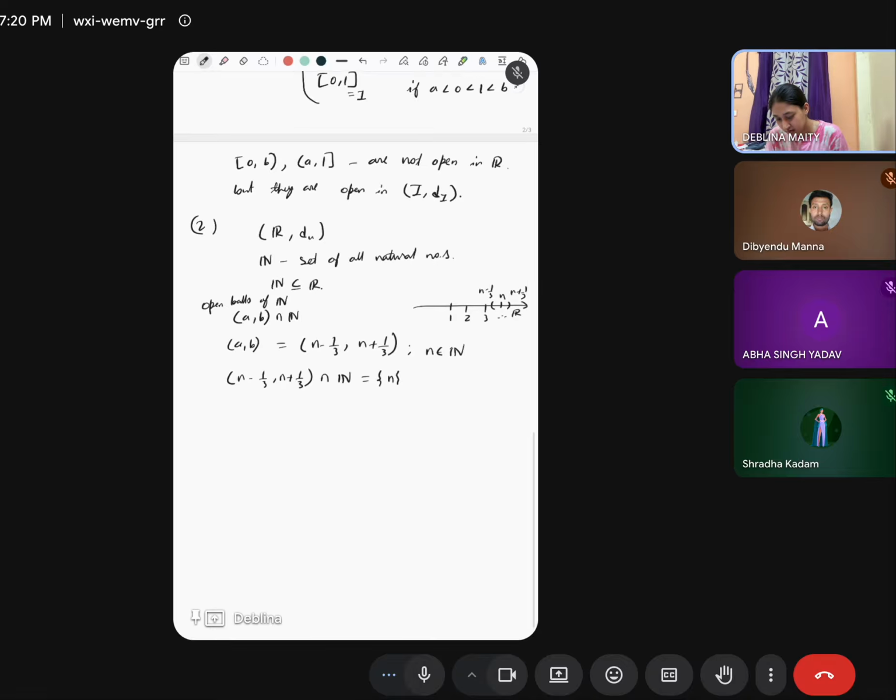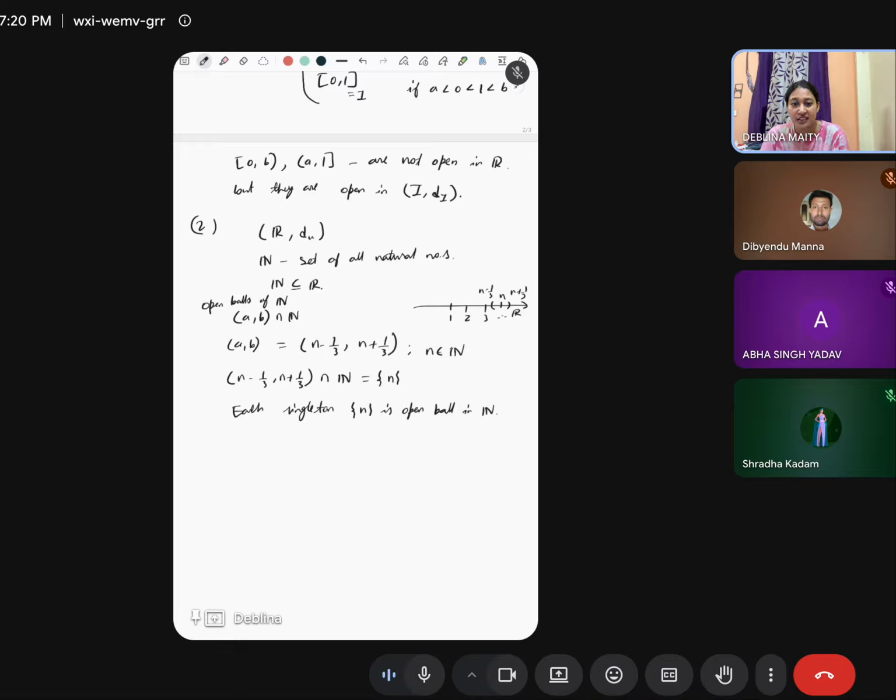So this means each singleton n is an open ball in N, right? See, singletons are not open in R, but singletons are open in this N with the subspace metric, right? And since singletons are open, this means every subset of N is open, right?